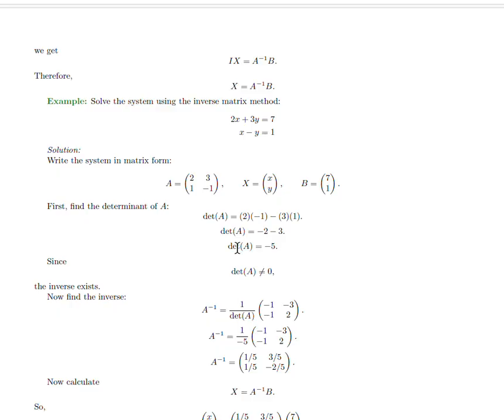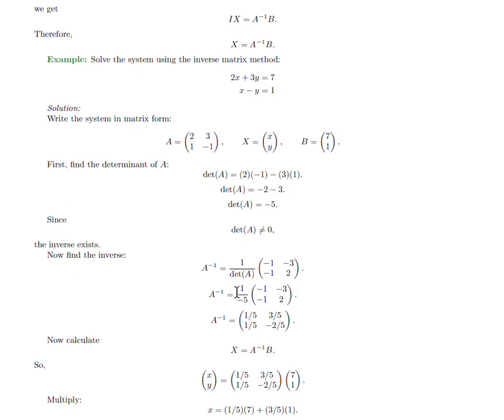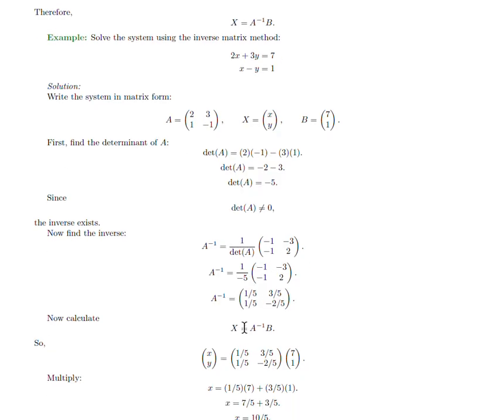So we need the determinant of A to be non-zero. So we'll put everything we have here. Our A inverse is now 1 over -5 times this, and we have this at the end of the day as our A inverse.